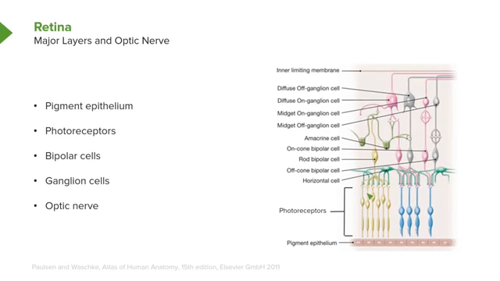The photoreceptors are shown here, and we have cones and rods in through here, and we'll speak to those in detail shortly.